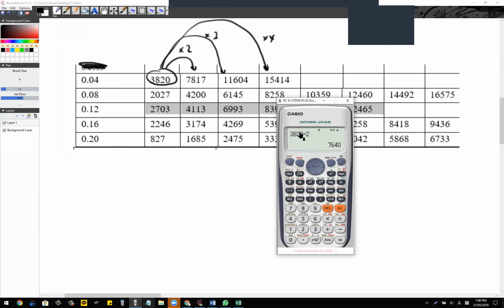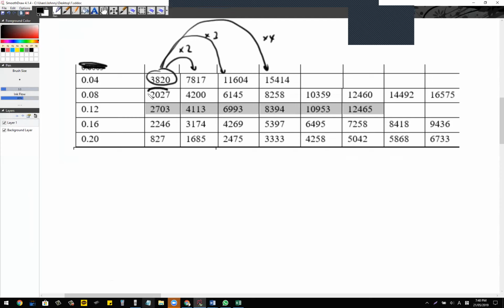Yep. Times by 3. See? Times by 4. That's definitely the first harmonic. Is this the first harmonic? Yes, it is, because this times by 2, this times by 3, this times by 4, this times by 5, it's all working, right? So you got a very, very good result.